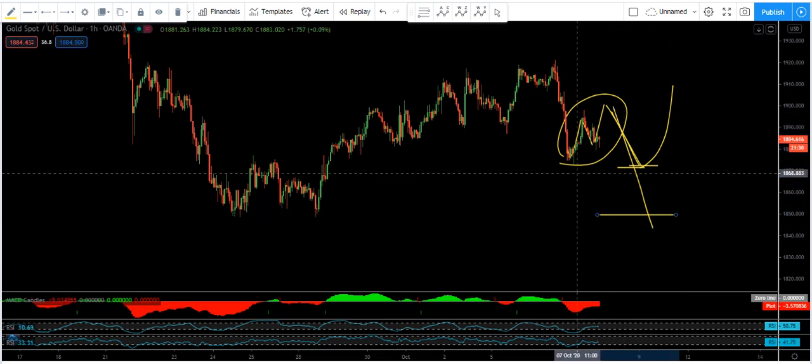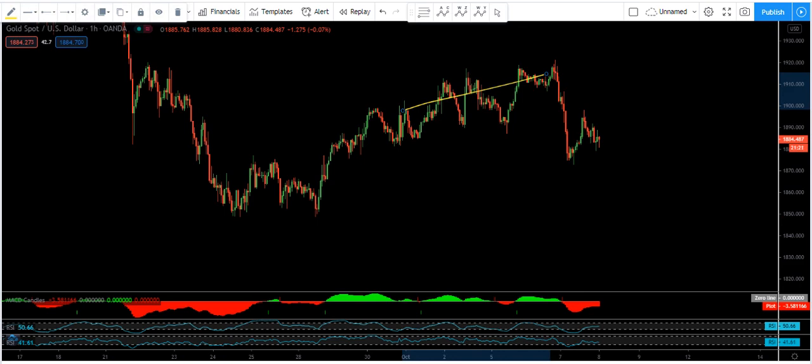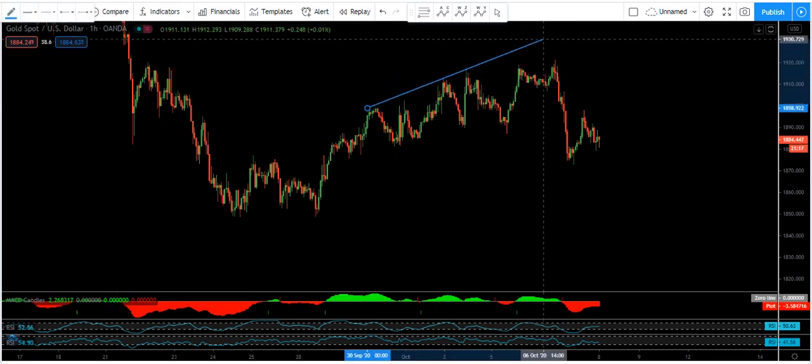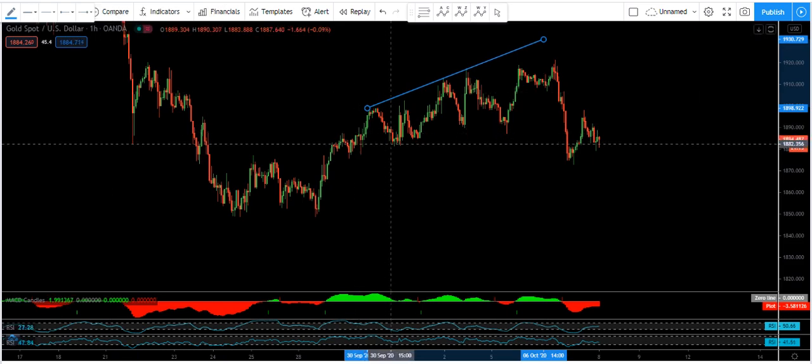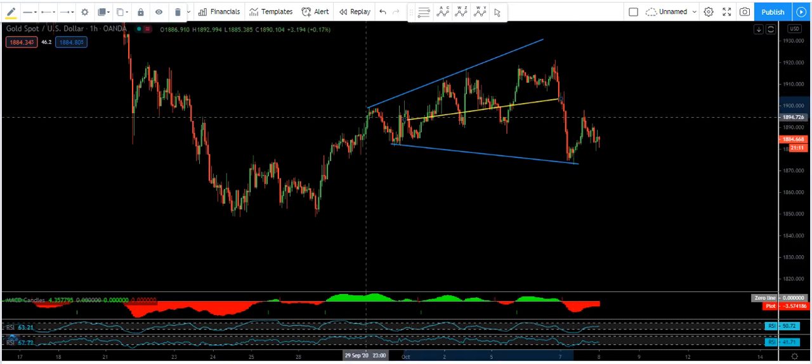But why, beside that, do we also need to look for buy? The reason is, as we can see, we have this structure here. This kind of structure is sometimes not easy to trade. If I draw this, whether we call it expanding or anything, this correction is relative to this.